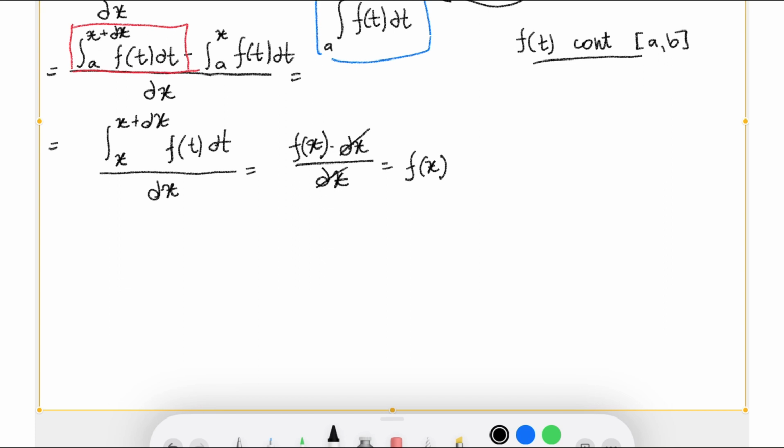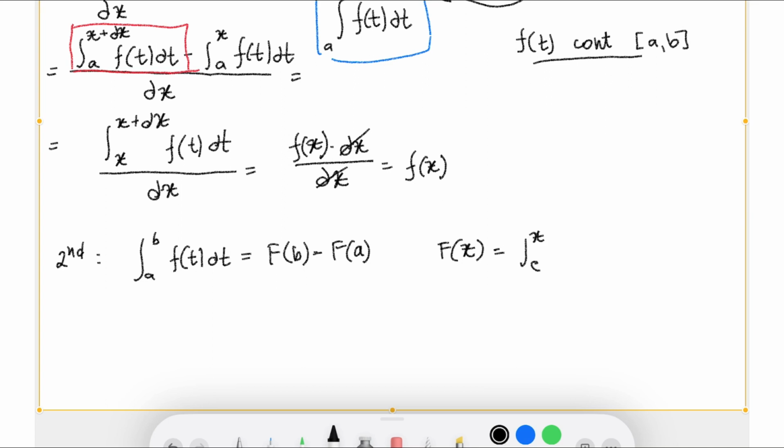The second theorem says that the integral from a to b of f(t) dt will be F of b minus F of a, where F of x is no one else but the integral from a constant c to x of f(t) dt.